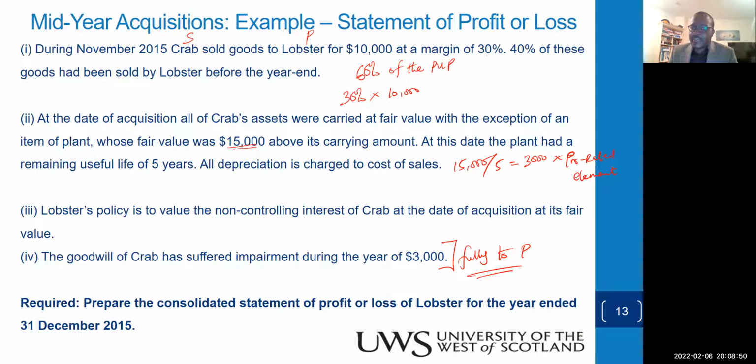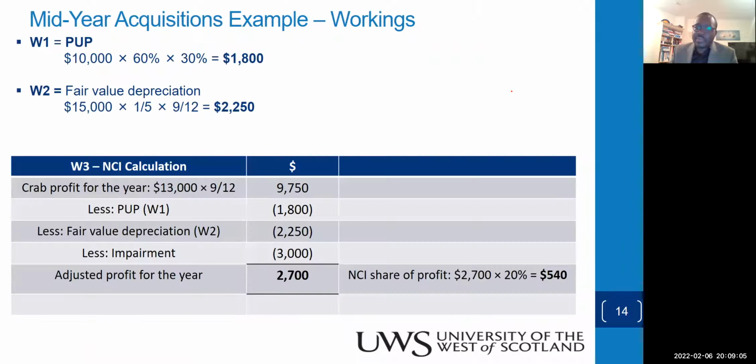We would have gotten 30% of 10,000, which would be 3,000, and we knock it off. But we're told that 40% has gone out. Therefore, the 60% is what we need to now get rid of from our books. So the 60% of that 30% margin gives us 1,800.